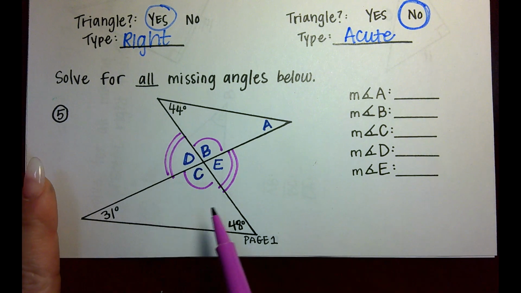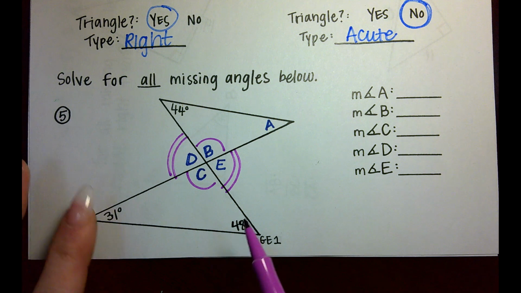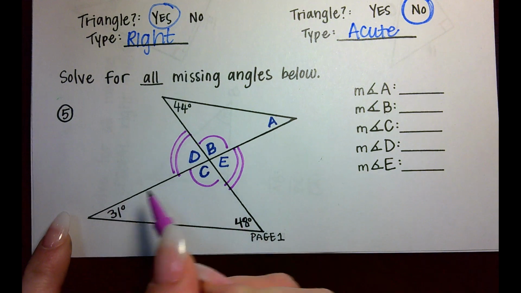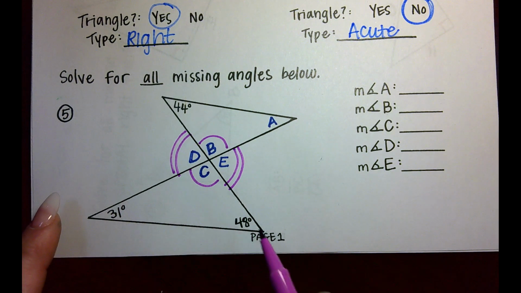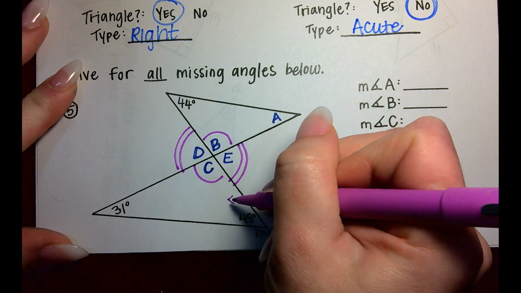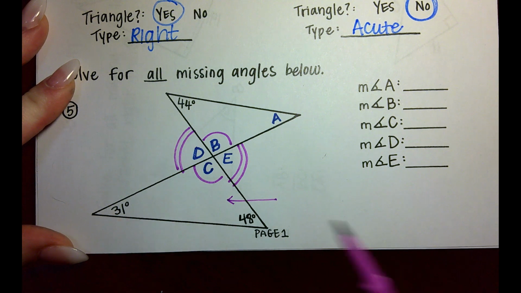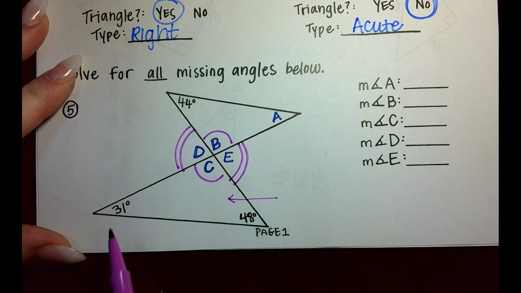How would I solve for angle C? 180 minus 48 minus 31. Yeah, so I know that in a triangle, my 3 interior angles will always add up to 180 degrees. Michael, you said that perfectly. We're going to take 180 minus 48 minus 31.